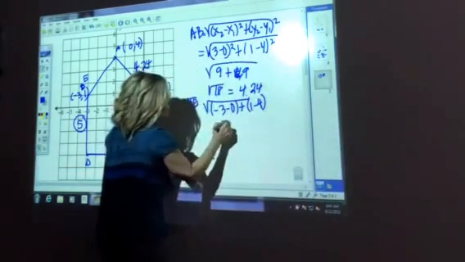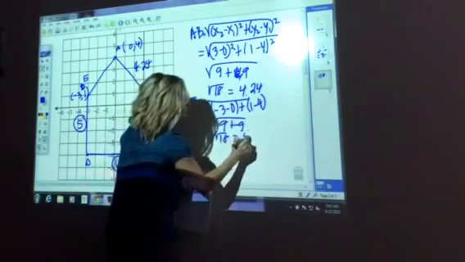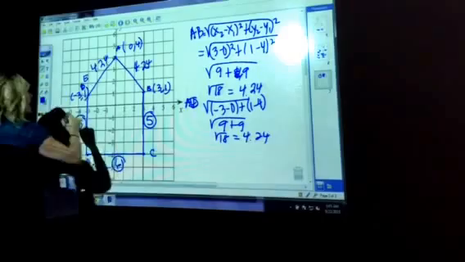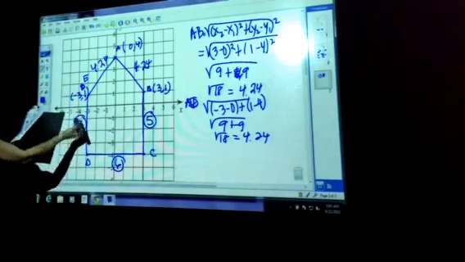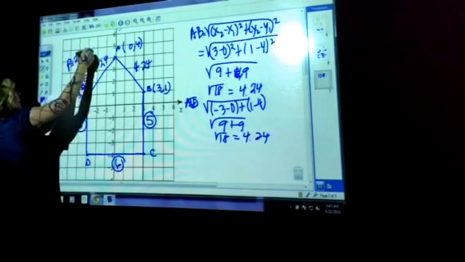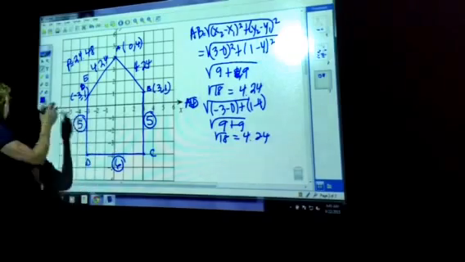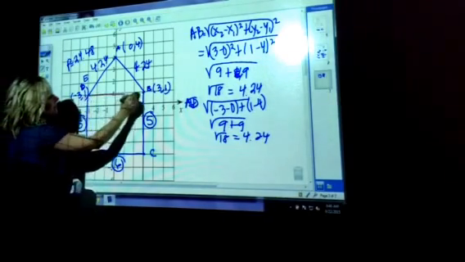Same thing, the square root of 9 plus 9, which gives us the square root of 18, which is equal to 4.24. Okay, so when we add up all of those together, 4.24 plus 4.24 plus 5 plus 6 plus 5, our perimeter is equal to 24.48.